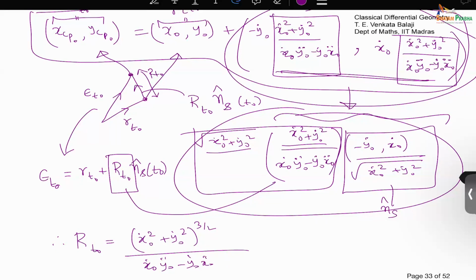The glitch is radius of curvature is positive. Therefore, what I have to do is put a mod here. All right. If I put a mod here, then there is a problem that there is a plus or minus, and you will have to worry about this plus or minus here.